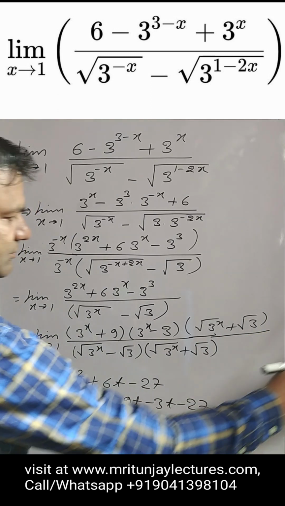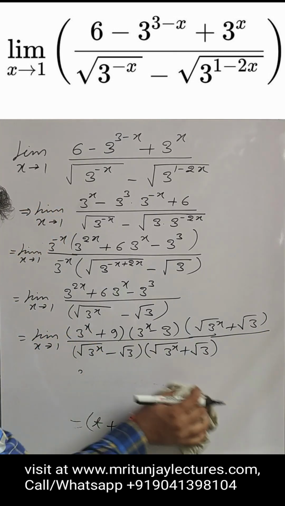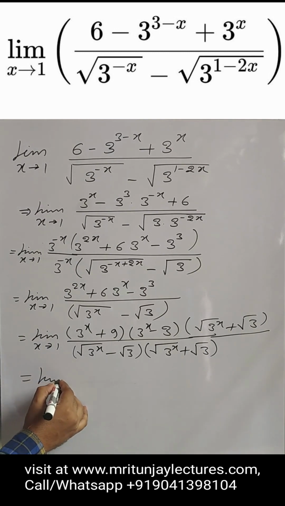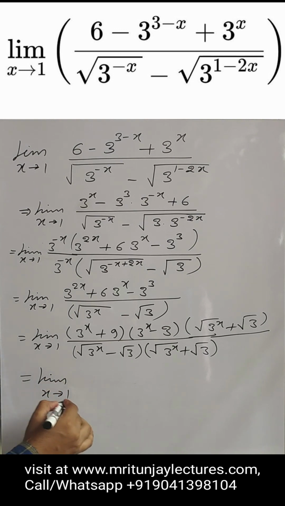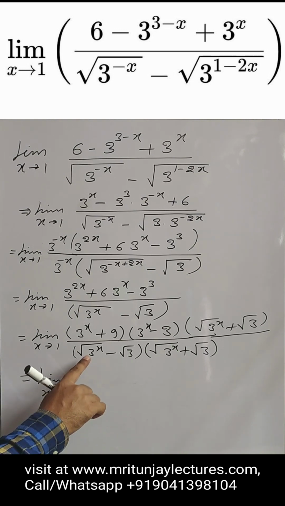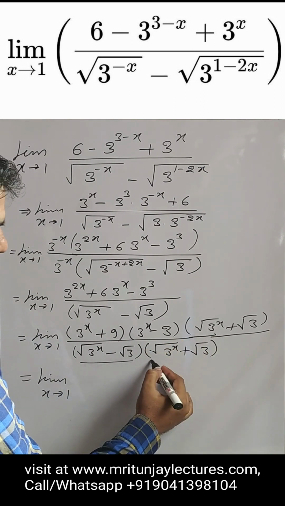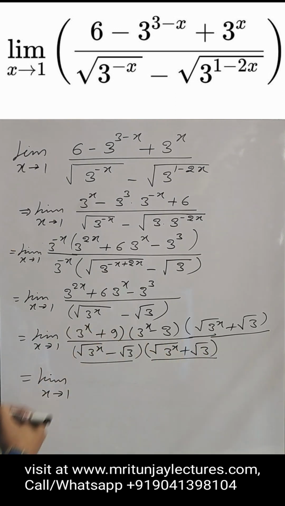Clear or not? Okay, now after that, if you see very carefully, the limit as x tends to 1, that part and that part equal to this one. Okay, clear or not?